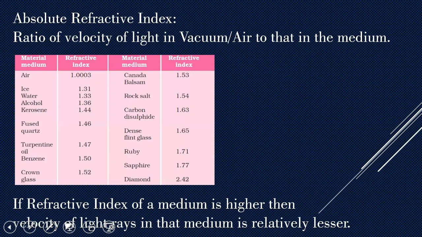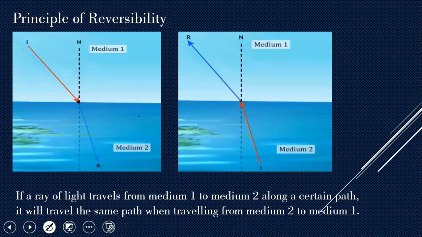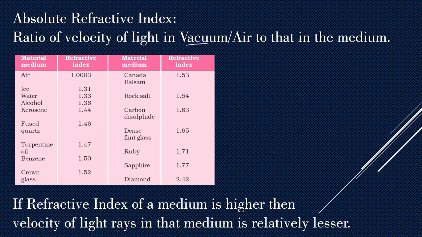Now we come to another term called absolute refractive index. What do we mean by absolute refractive index? Absolute refractive index is when the first medium is always either vacuum or air. These are the different types of medium: water, alcohol, kerosene, fused quartz which is a type of glass, turpentine oil, benzene, crown glass, Canada balsam, rock salt.